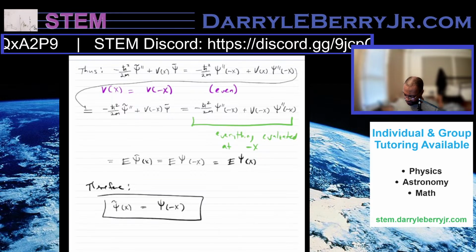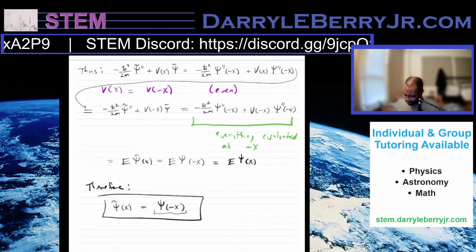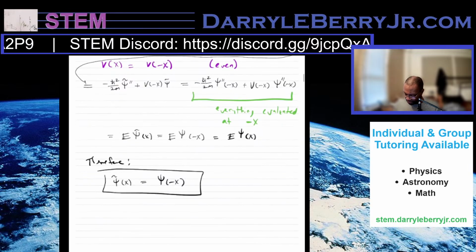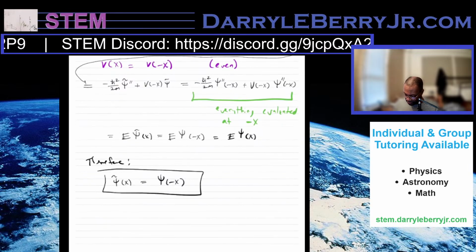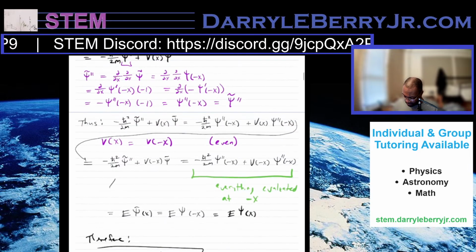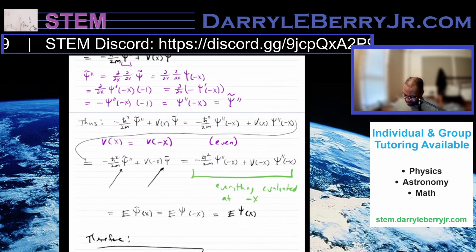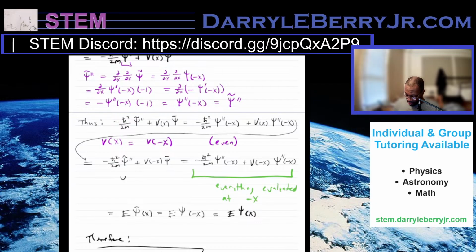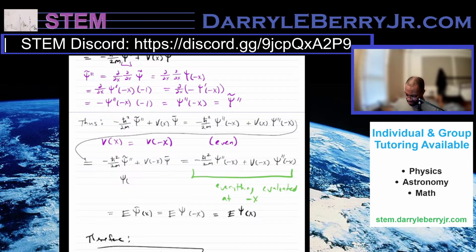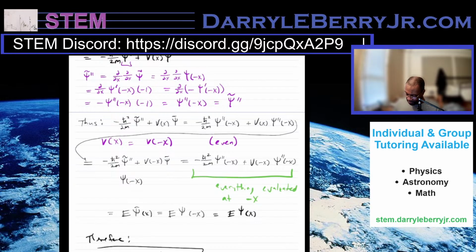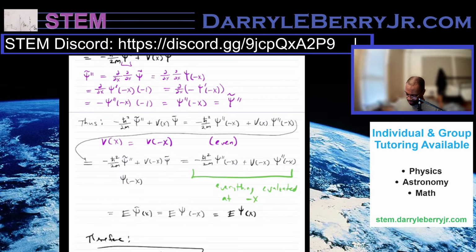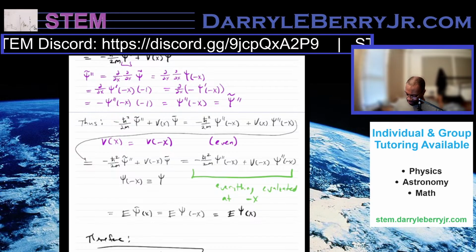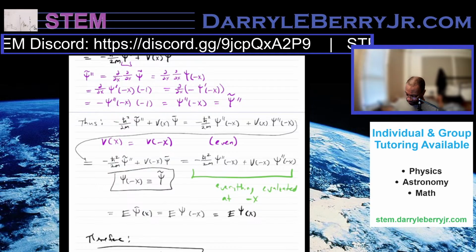Instead of having to write psi of negative x all the time, or even without the x, because sometimes you'll notice I just write psi by itself, like right here. But if I want to specify that I have a negative there, I would have to always write the x part. To save me from having to write negative x all the time, I just defined it as psi tilde.